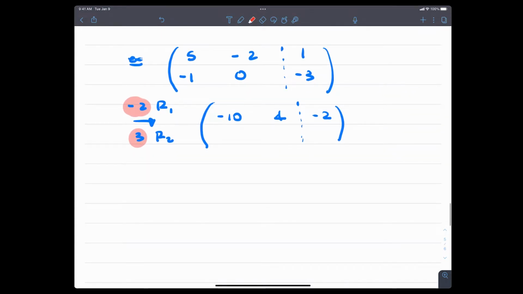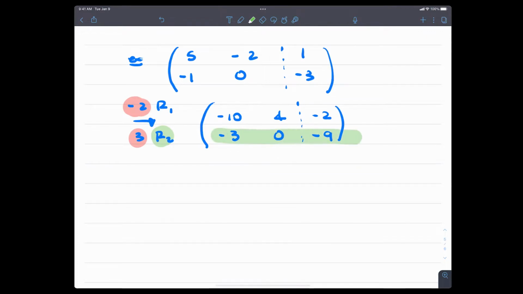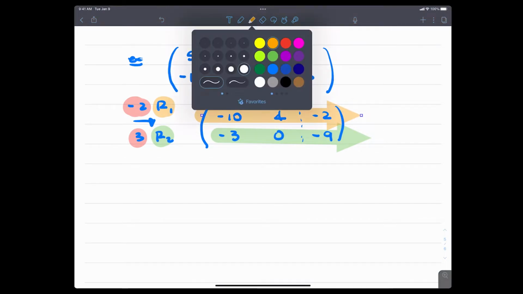What's the deal with 3? It's negative 3, right? What else? Okay. And then? What's 3 times negative 3? Negative 9. Remember what you're doing here. This is your new row 2. This is your new row 1.